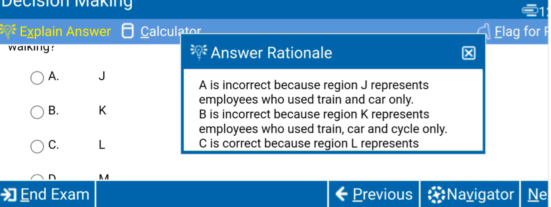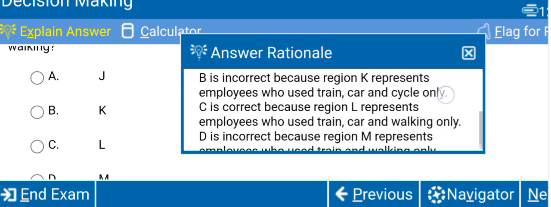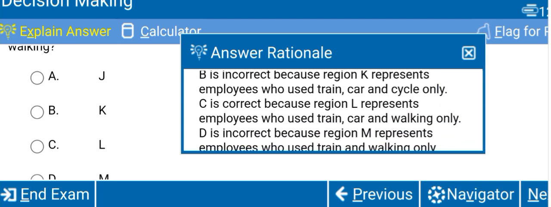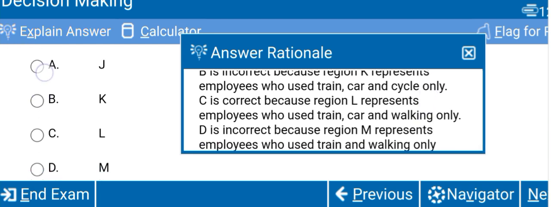A is incorrect because region J represents employees who use train and car only. Option B is incorrect because region K represents employees who use train, car and cycle only. Option C is correct because region L represents employees who use train, car and walking only.